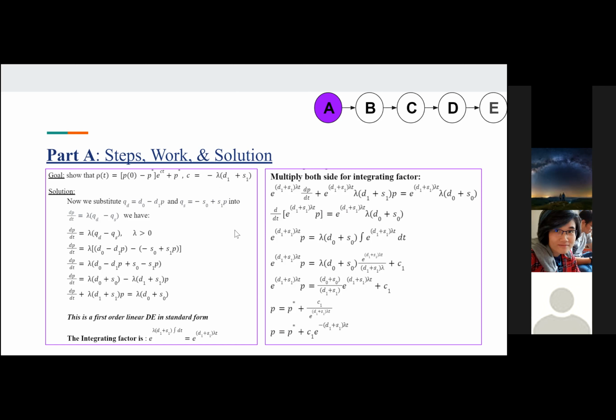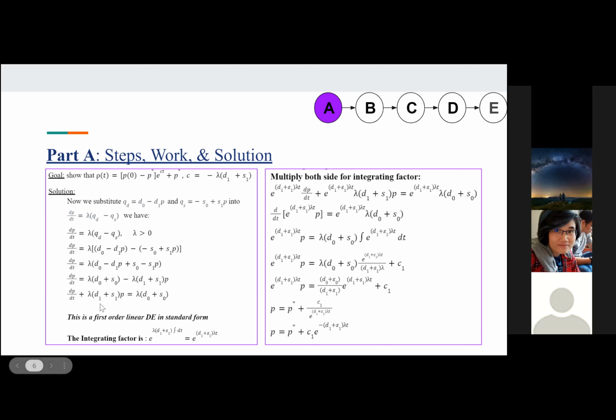Now we substitute the equation of the quantity of demand and supply into the price equation. After all, we get dP over dt plus lambda multiplied by D1 plus S1 multiplied by P is equal to lambda multiplied by D0 plus S0. As we can see, D0, S0, D1, S1, and lambda are all constant.